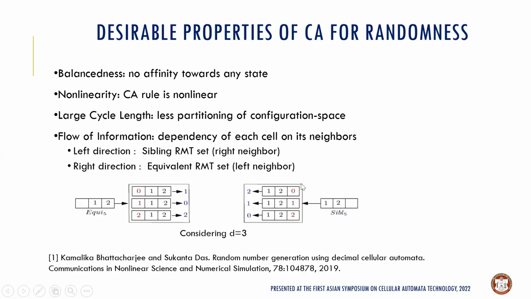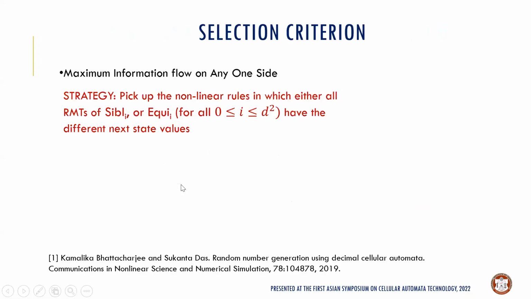Similarly, if in the rules all the sibling sets have different next state values for each of these sibling RMTs, then we ensure that there is a flow of information towards the right direction. Now this is our strategy. This strategy is actually equivalent to the property of right or left permutivity, which is a very well-known term in the study of chaos.